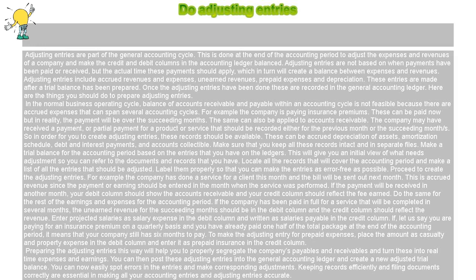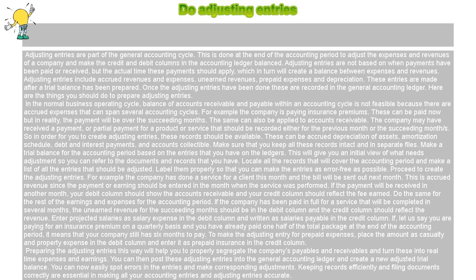Adjusting entries are not based on when payments have been paid or received, but the actual time these payments should apply, which in turn will create a balance between expenses and revenues.